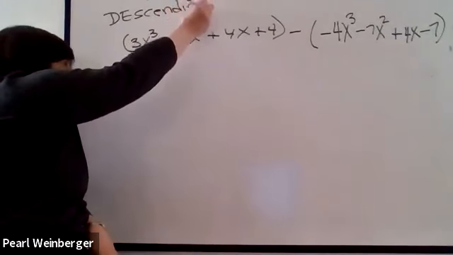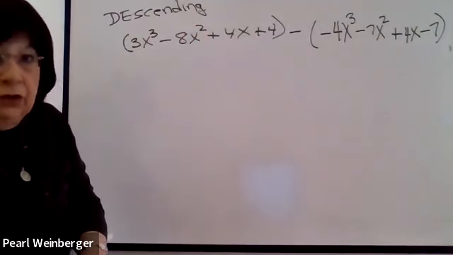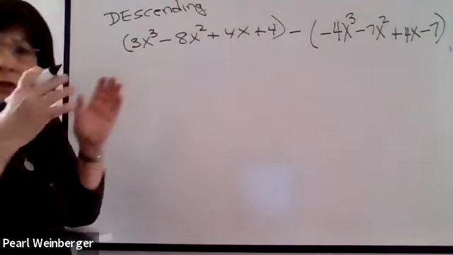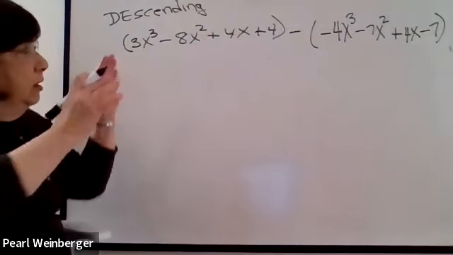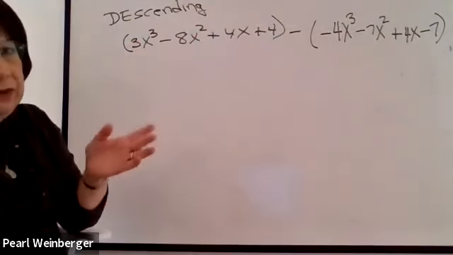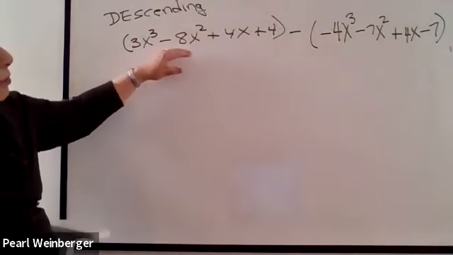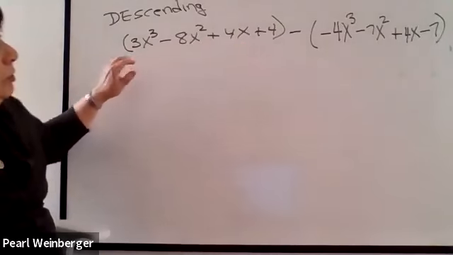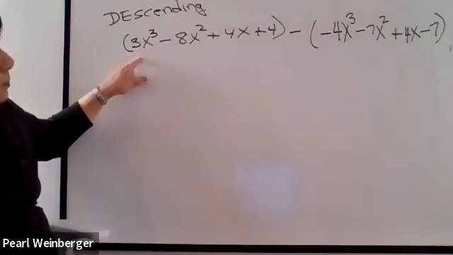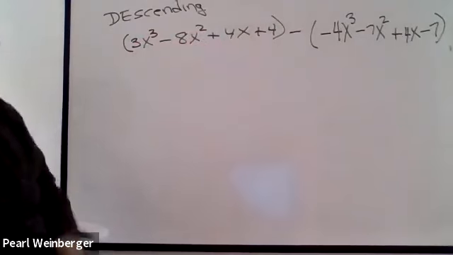It's not absolutely necessary to arrange things in descending order, but it's very organized to do it that way. When there are 2 variables you don't really do this, but when there's only 1 variable, try to put your terms in such a way that the highest exponent comes first, then the next highest exponent, and so on.